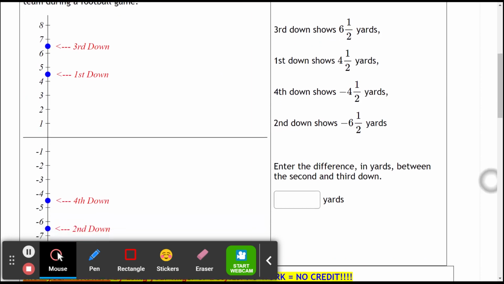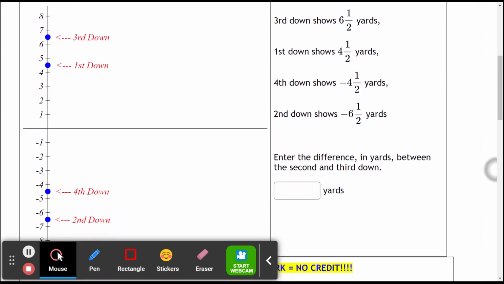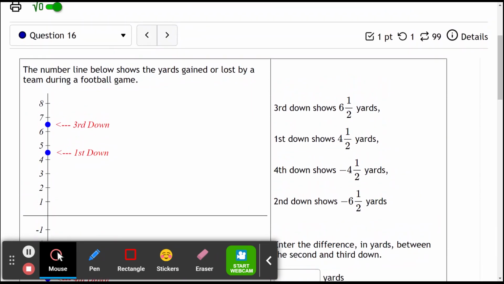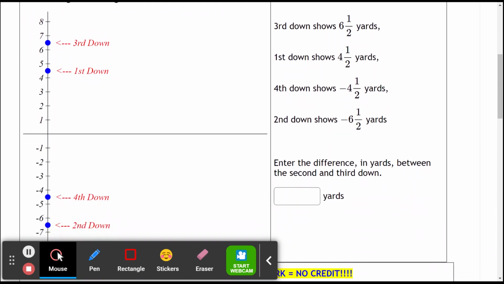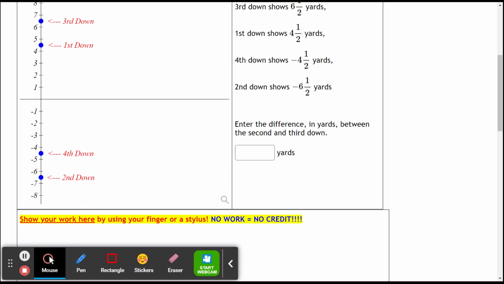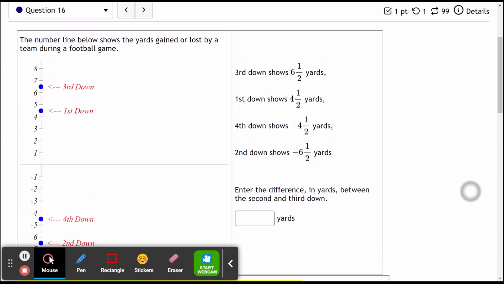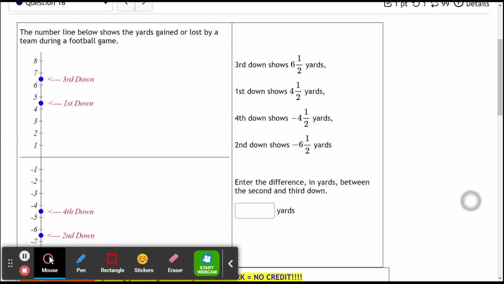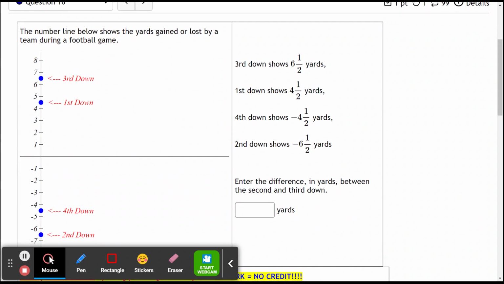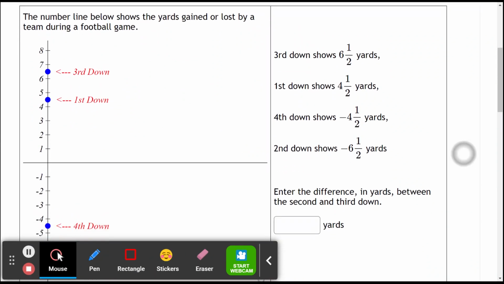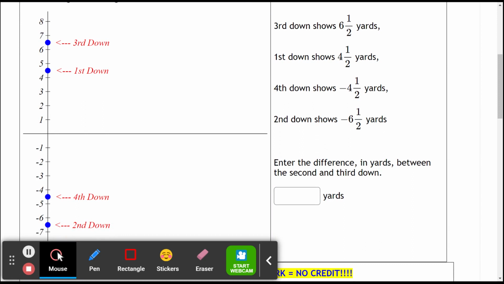Same thing like I just did. This is number 16. Maybe I'll make it bigger so I can fit a little bit more in there. Let's see. The difference here is between the second and third down.